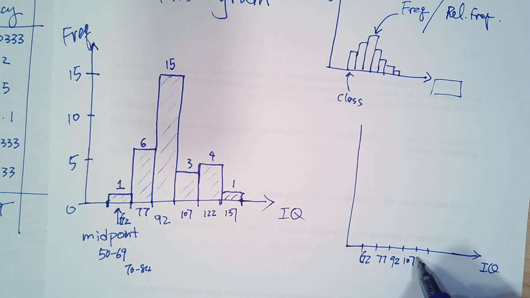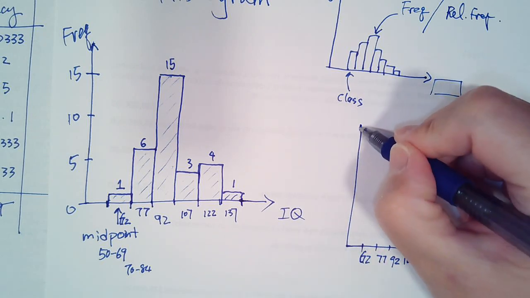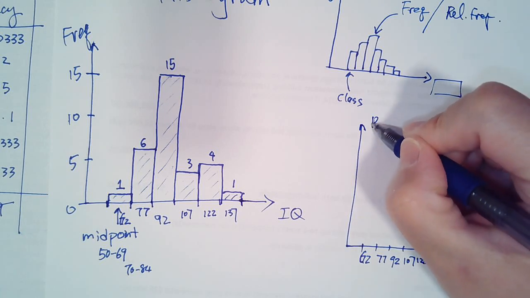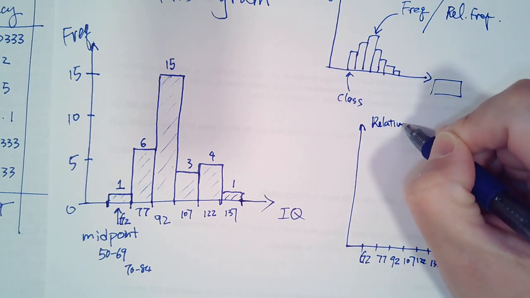The last one is 137. Okay, and IQ. And here I have to label that as relative frequency.